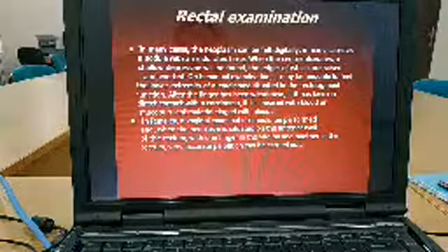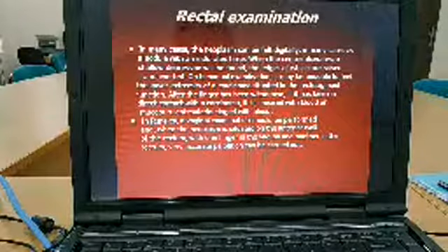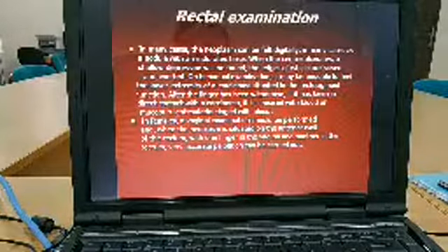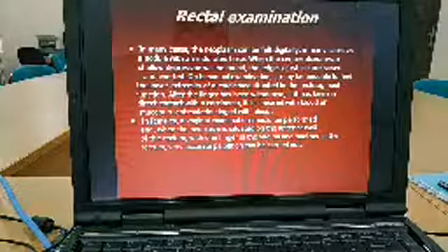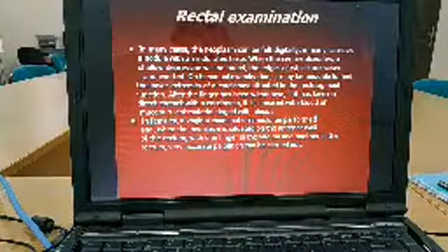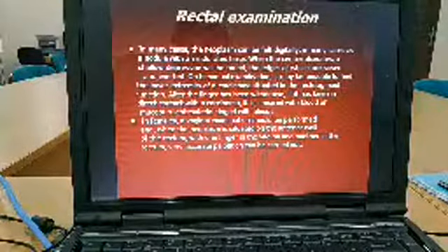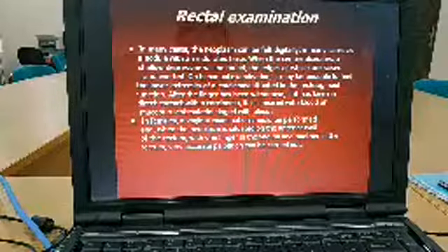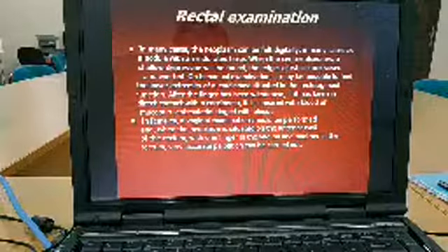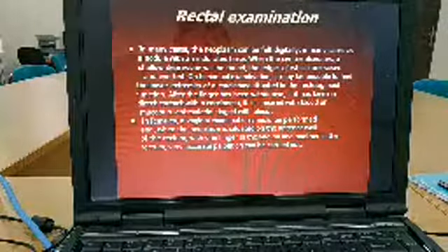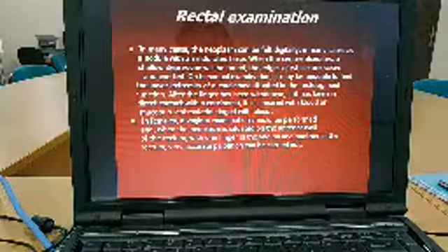Now the important thing is the digital rectal examination, nowadays we call it DRE. In carcinoma of the rectum, the length of the rectum is 12 centimeters, and we divide the rectum into 3 parts: upper, middle, and lower. So if it is 12 centimeters, that is 4 centimeters in each.